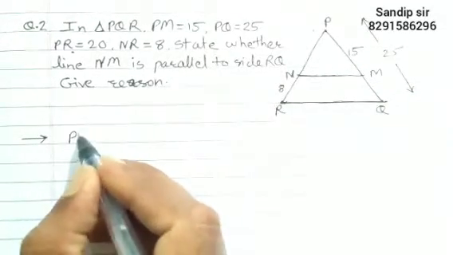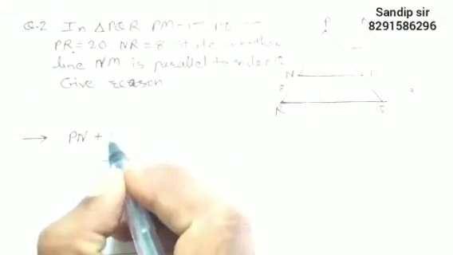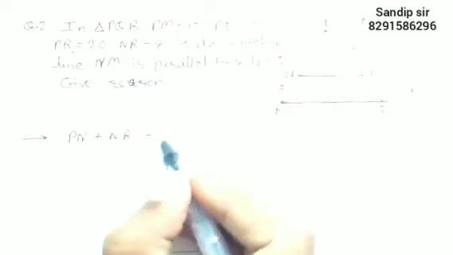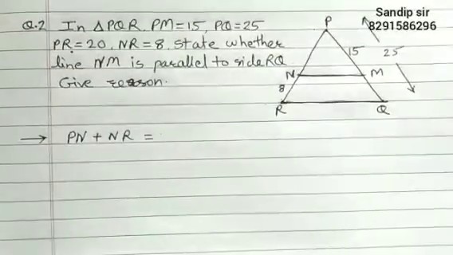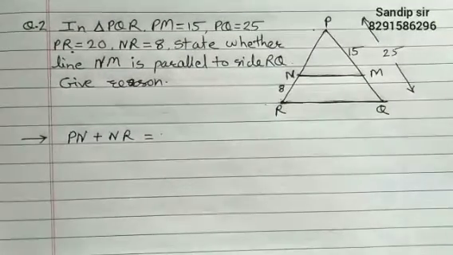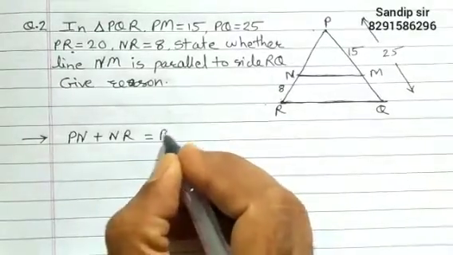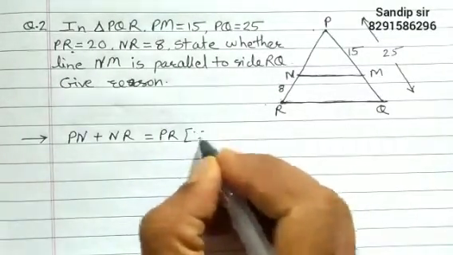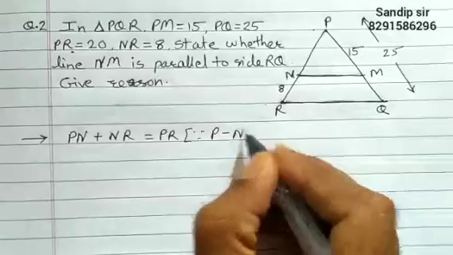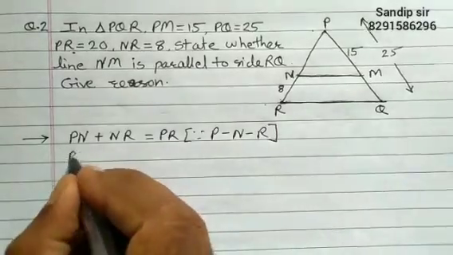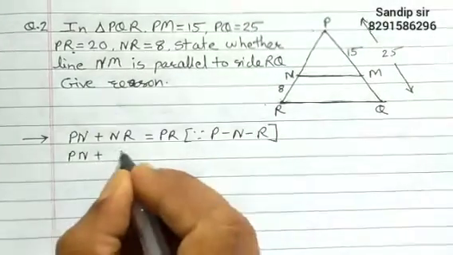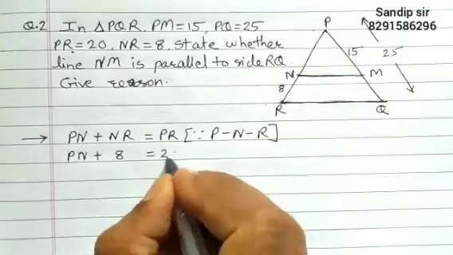PN plus NR is equal to PR, because P dash N dash R. Now we don't know the PN, but we know the NR is 8, PR is 20.